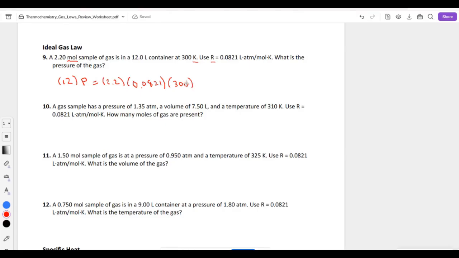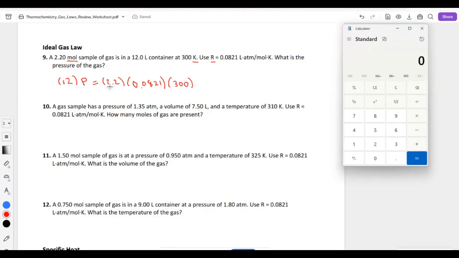All right, now this time, oh, I lost my pen. It don't matter. All right, so let's bring out my old calculator app. So now I'm going to simplify the right side. So 2.2 times the constant 0.0821 times 300. So see, I haven't used this yet. So 2.2 looks pretty easy times 0.0821 times 300 equals.